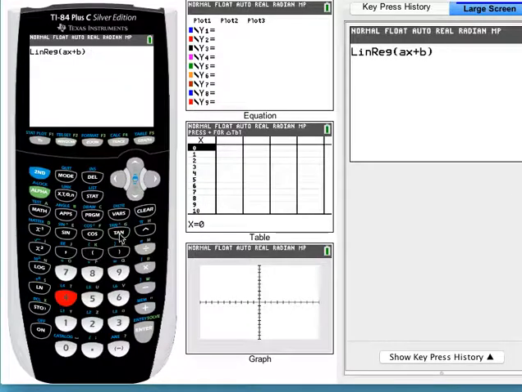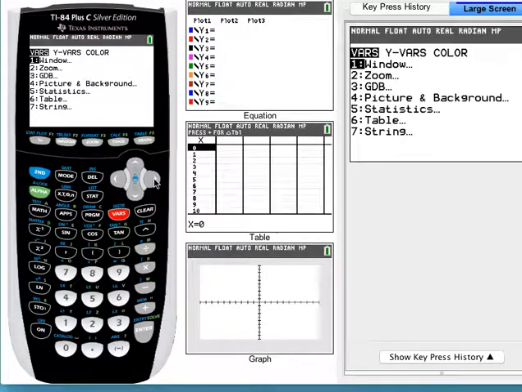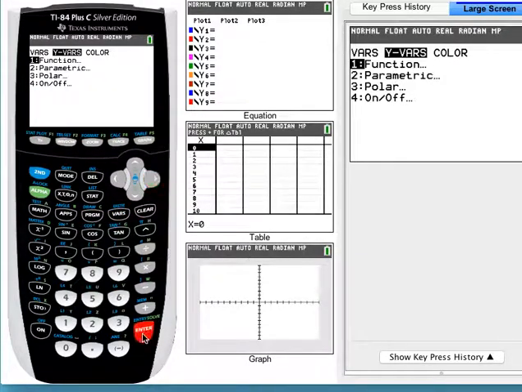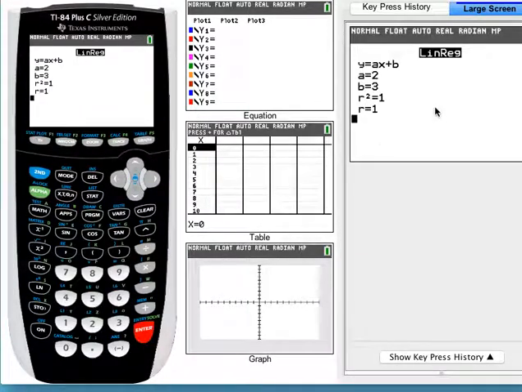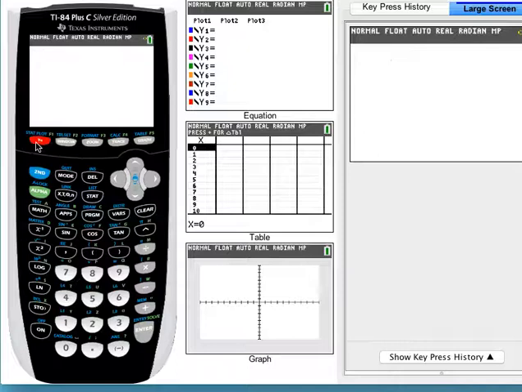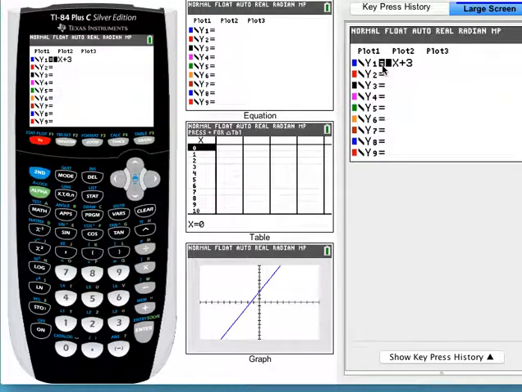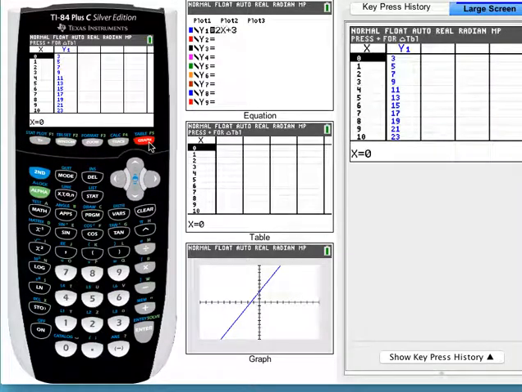But if you don't hit Enter and you hit this VARS key, V-A-R-S, it's next to clear, then you scroll over to Y-VARS and you hit Enter 3 times. You get the same thing, but the difference is it now put that equation into y equals in the very first spot. So that could help you if you were wanting to see the table.